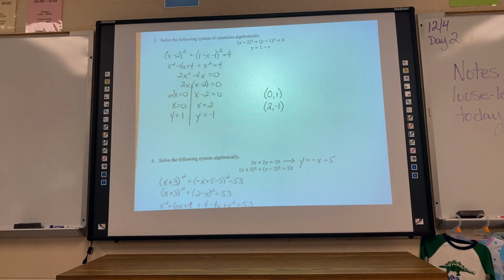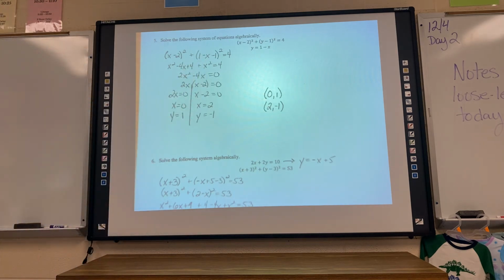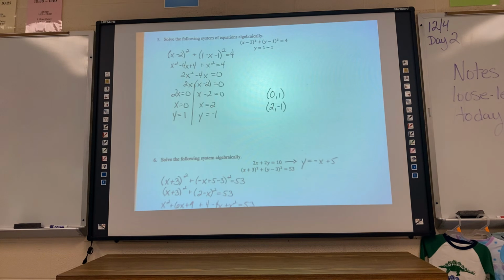I didn't take out a GCF. Instead, I divided everything by 2. But you should have had an x squared here. See, so it would have been a 1/2 x squared if you did that. Any question on number 5 before I move it up?